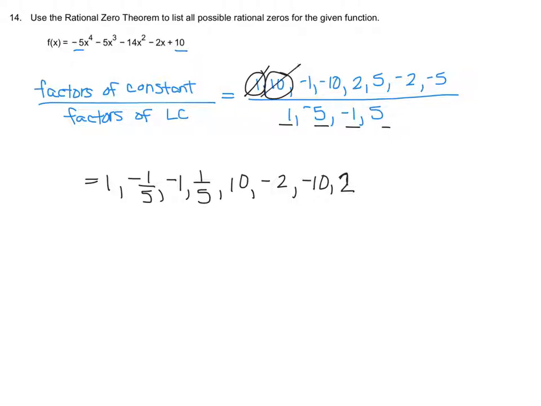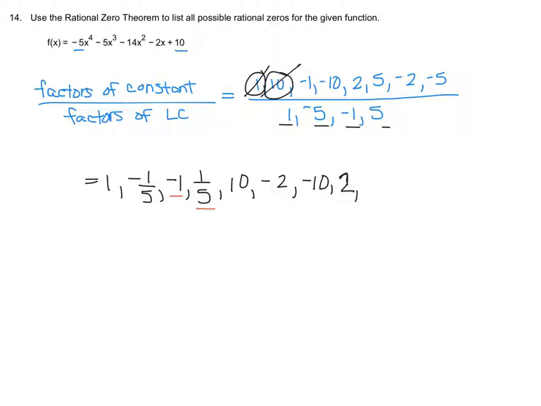Now we'll go ahead and look at the negative 1. Negative 1 divided by 1 is a negative 1. We already listed a negative 1, so we don't need to repeat that. Negative 1 divided by negative 5 is a positive 1/5. We already listed that, so we don't need to list it again.